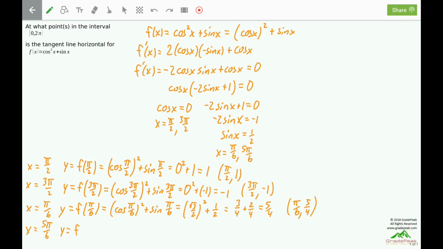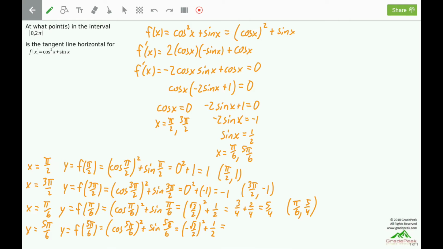And then last of all, we have x equals 5 pi over 6. Our y-coordinate will be f of 5 pi over 6, which will be the cosine of 5 pi over 6 squared plus the sine of 5 pi over 6. The cosine of 5 pi over 6 is negative root 3 over 2, squared. The sine of 5 pi over 6 is still a positive 1/2. We're in the second quadrant for 5 pi over 6.